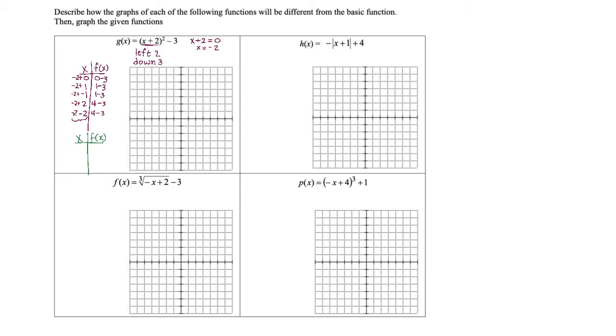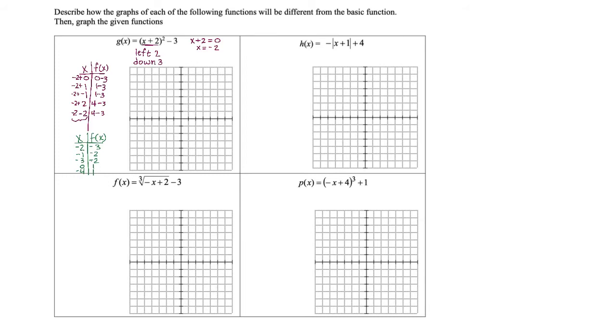So here we have -2, -3, and then -1, -2, -3, -2, 0, 1, and then finally -4, 1. Now we have the points that we need to graph it.